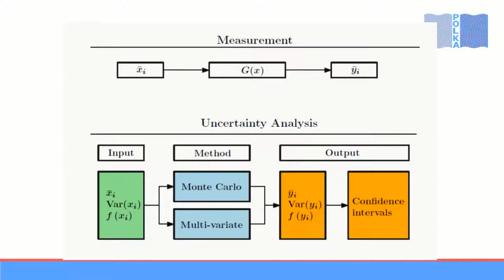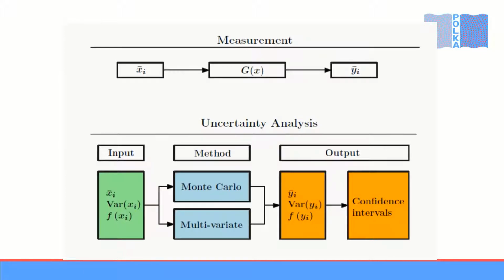Okay, so if we look at a typical measurement, we would have some input data here called XI. Then we have some kind of method. So we do something with this measurement to produce the wanted output.